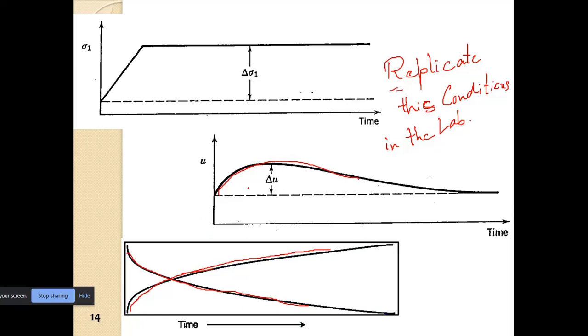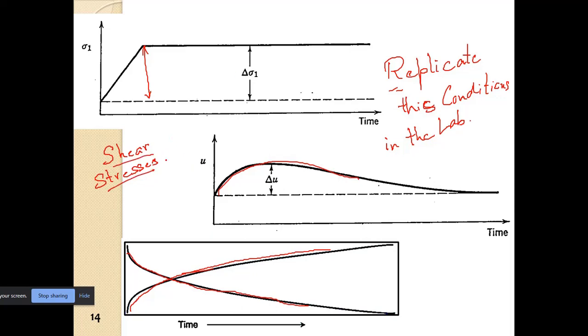Suppose when we load, of course there will be an increase in the shear stresses as well within the soil. It will not be that only the confining stresses, or the normal stresses in the soil, are increased. There will be an increase in the effective stress.